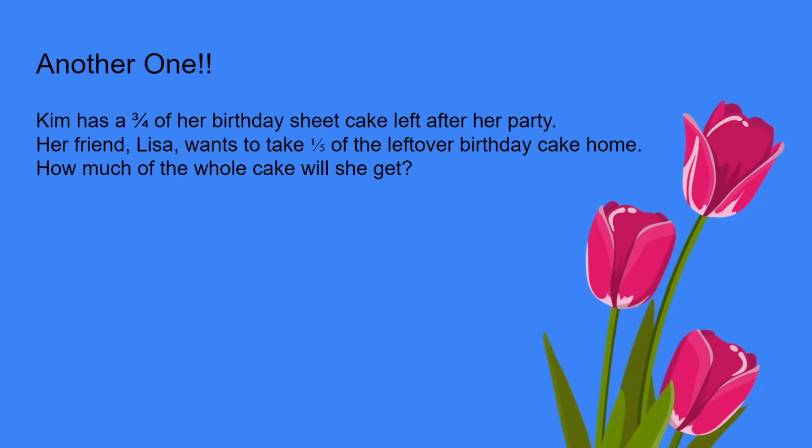Sheet cakes typically look like this, right? They're usually rectangular. And we said that she has 3/4 of it left. So if I'm dividing it into 4s, she has this much of it left. Now, how much did Lisa want to take with her?